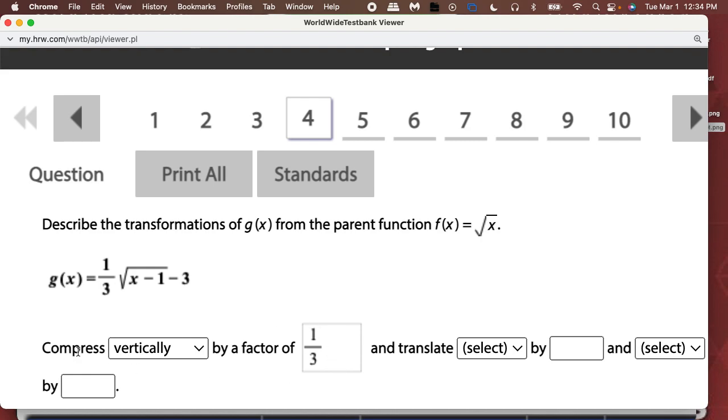That's why it was a compression. Then we translate what direction. It looks like it's right, and then it's the 1 inside, because the template has x minus h, so h is a positive 1, and then it goes down the outside number of 3.